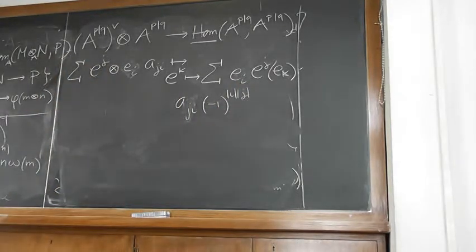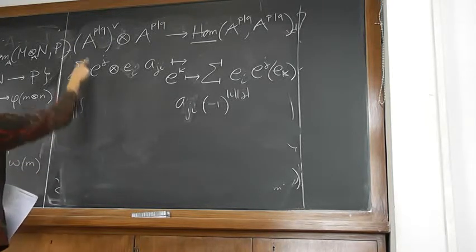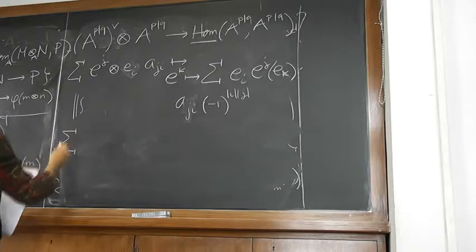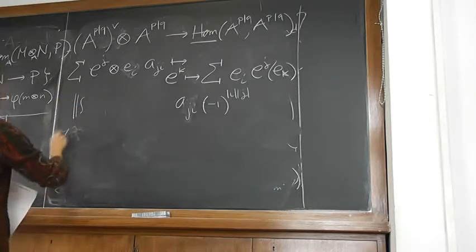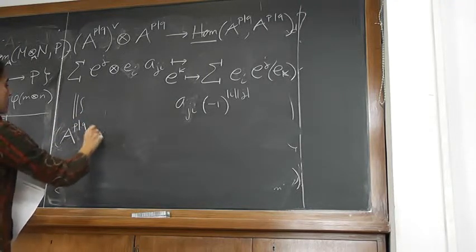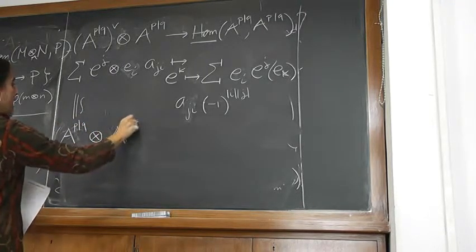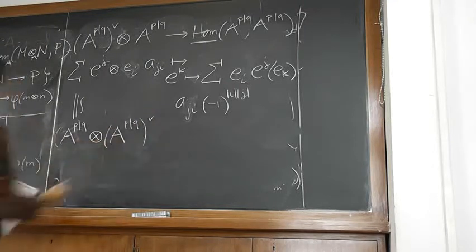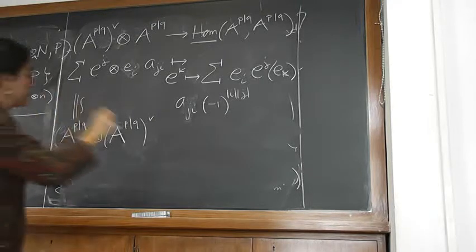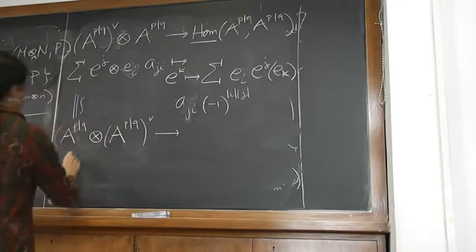Now, how can I avoid this sign? Because it's very unpleasant. I can avoid this sign if I say, okay, there is a morphism of this switch. So, as Franco is saying, I have to look at this identification, then I will avoid the sign.